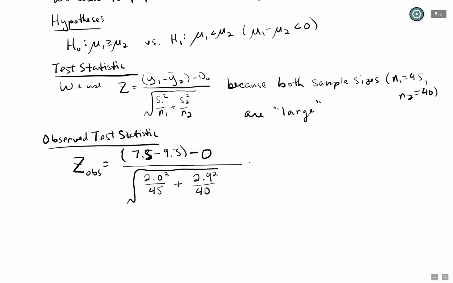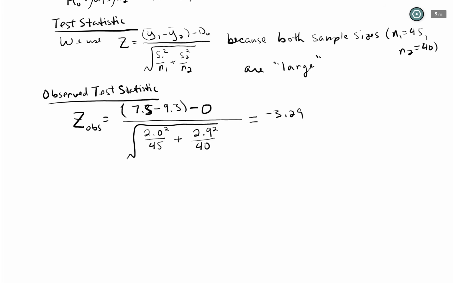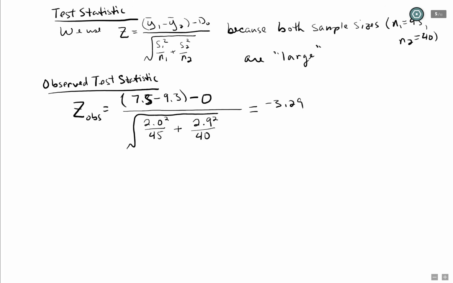If you do the arithmetic here, you should get negative 3.29. Now, that would give us insight into the p-value. The question is, is this a rare test statistic under the assumption the null is true?